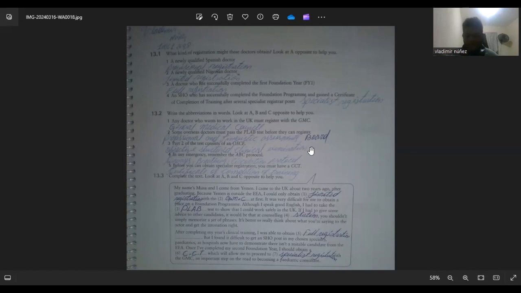It's better to really think about what you are saying to the actors and get the intonation right.